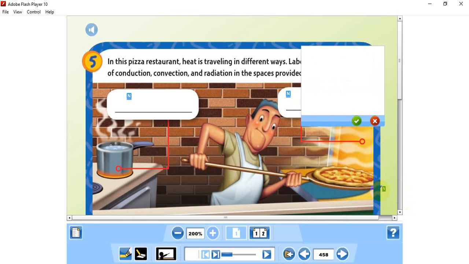Okay guys, so we have to write here conduction and radiation.